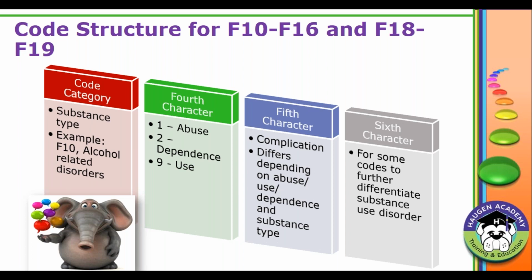As I said, I think we're all pretty familiar with the F10 alcohol category, and unfortunately probably with the opioid as well. But there may be a particular substance that is frequently abused in your geographic location where you see more of those than the hospital across town.